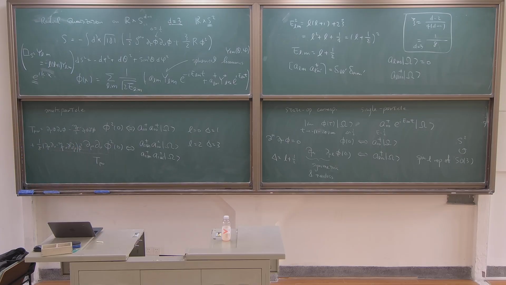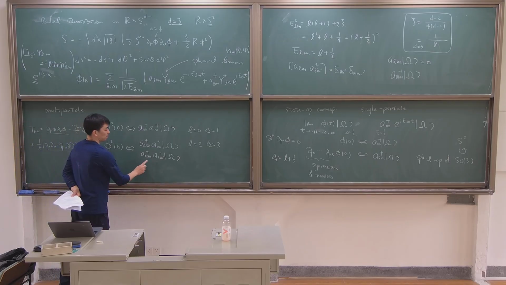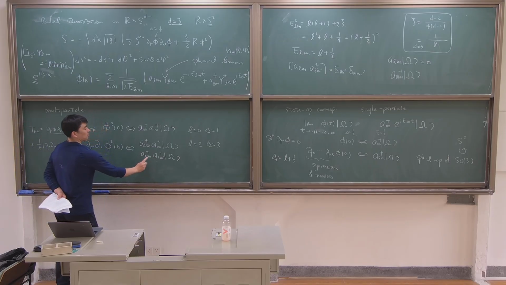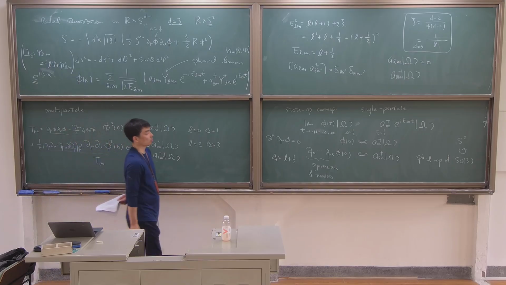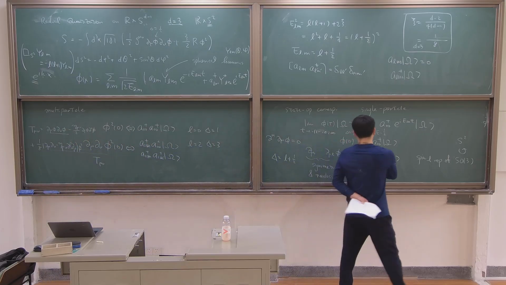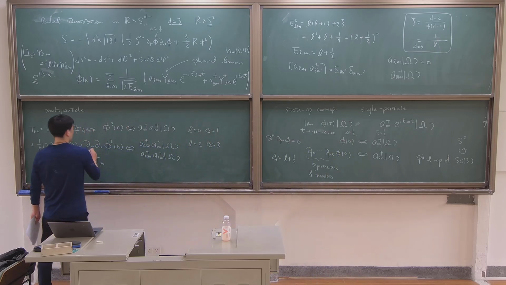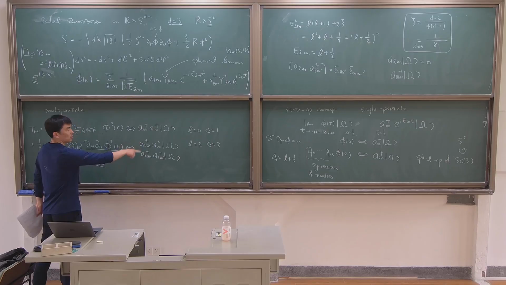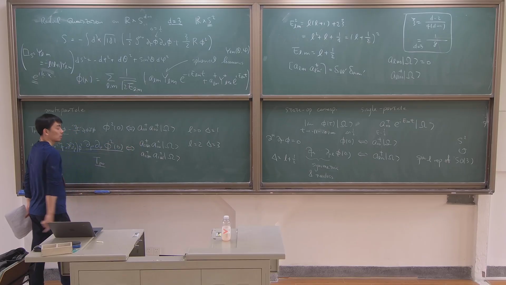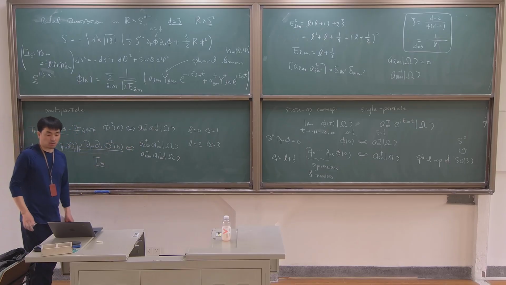So this kind of term will appear. Because of this, you need two actions of this A dagger. So this operator T_mu nu corresponds to a linear combination of these two states, and so on. So this is a multi-particle version of this.